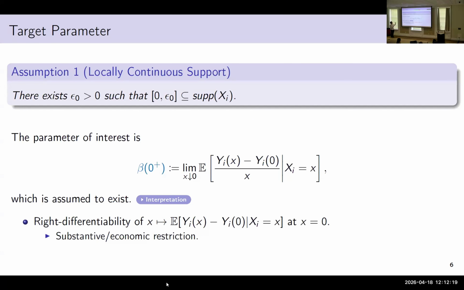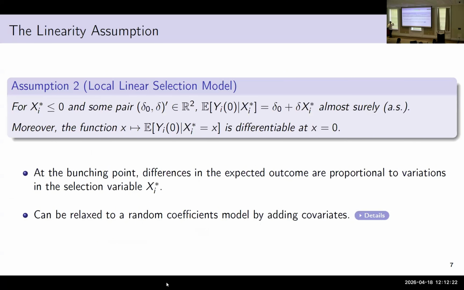Okay, so given the target parameter, the other assumption would be a linearity assumption. Here, I'm going to make it only exactly where I need, in the sense that I'm only assuming linearity of the conditional expectation of the untreated potential outcome on X star when X star is negative, okay?